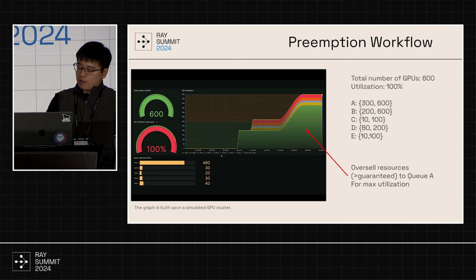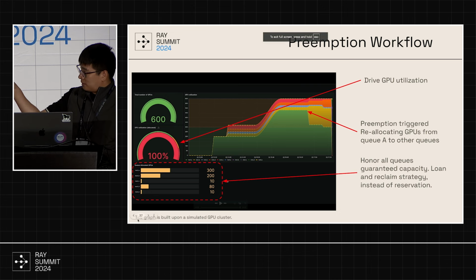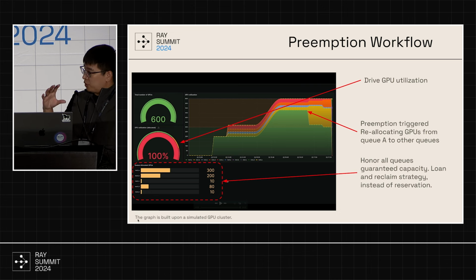But what if other queues start requesting GPUs? At this time, because GPUs are all used, we will make sure that each of the queues can still get the guaranteed capacity. If you look at that moment, the preemption kicks in, and we start to reallocate GPUs from the first queue to other queues.